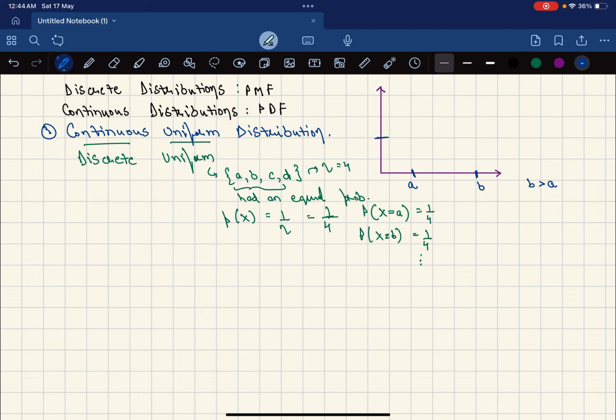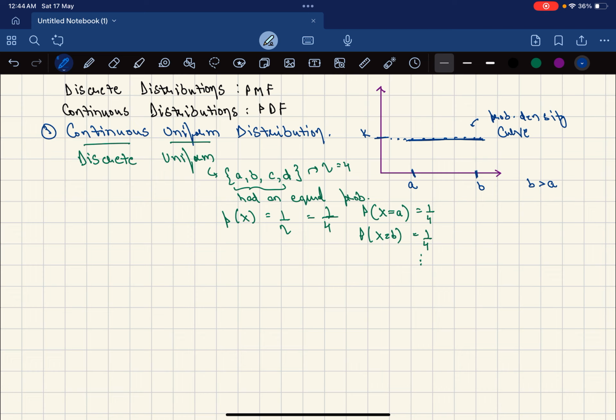Now let us say that value is k here. Then we define the probability distribution as ranging from a to b. So this particular line represents the probability density curve for a continuous uniform distribution.